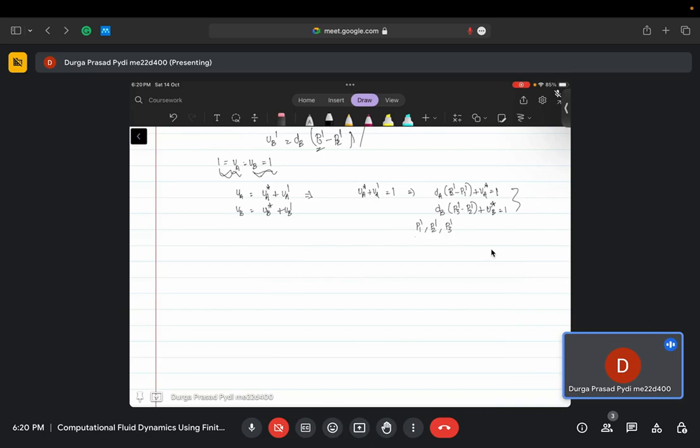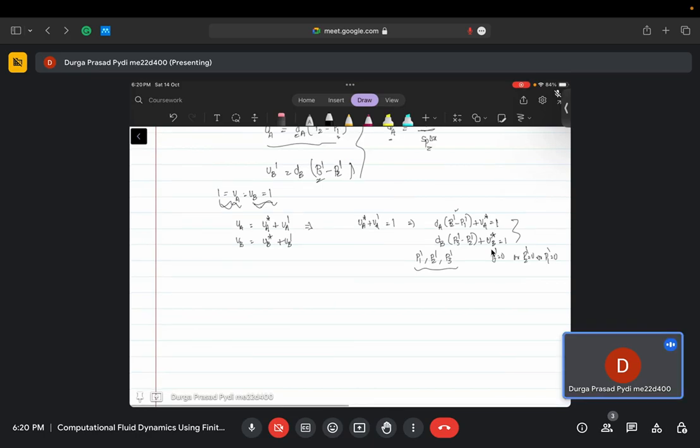So your third equation will be either P3 prime equal to 0 or any one of these to be 0. Then you will have two equations and two unknowns, and you can get your P prime. Once you get P prime, from there you can calculate your U prime, update your velocities, and then do your SIMPLE iteration.